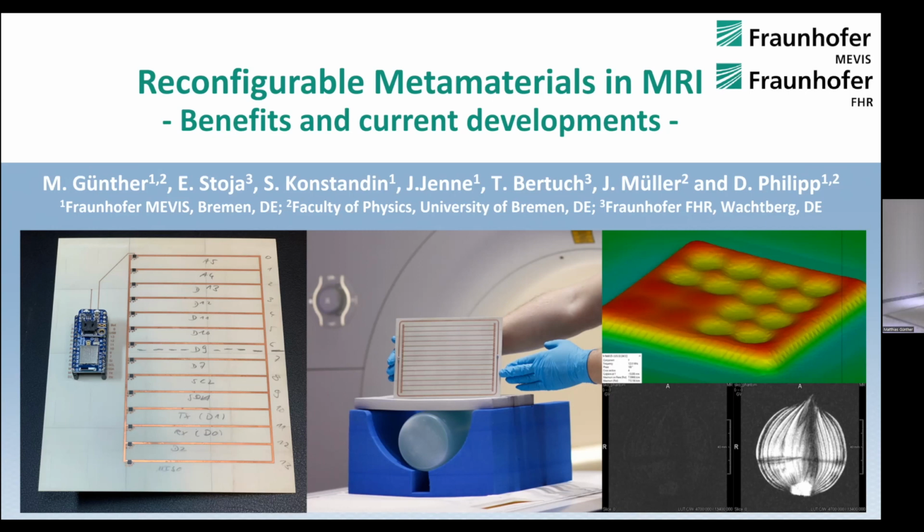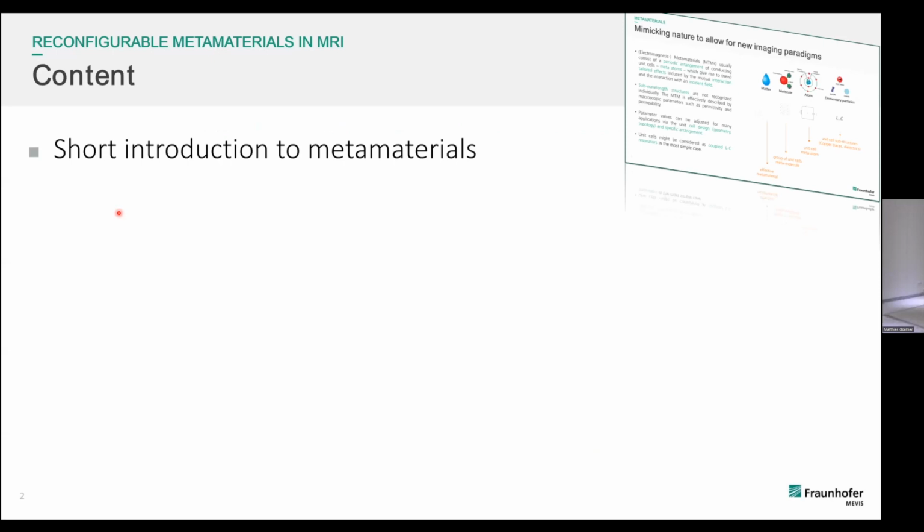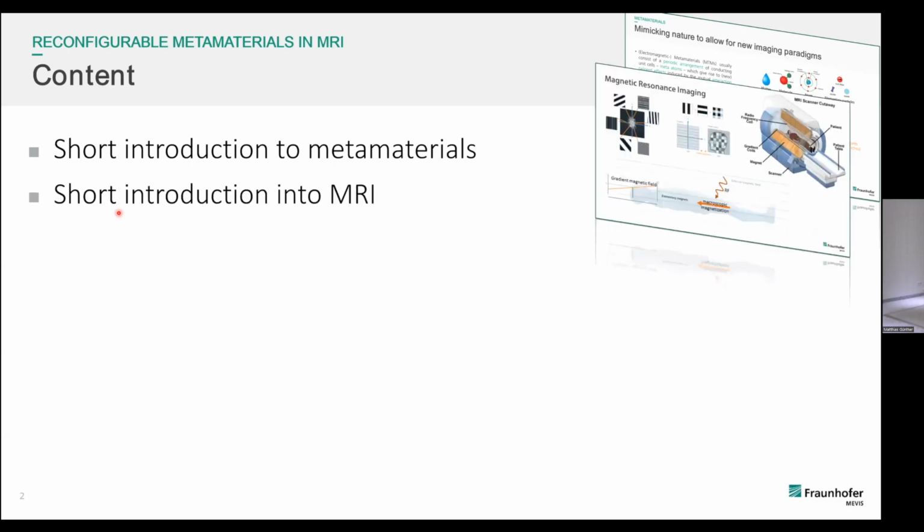So let me just give you a rough overview of what I want to talk about. So I first want to give you a short introduction what metamaterials are and what they can be used for. And I know that you all know MRI.